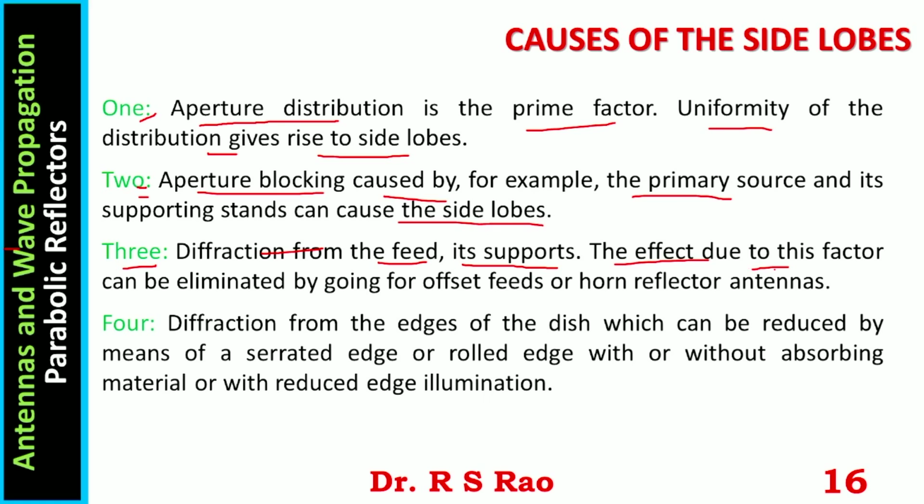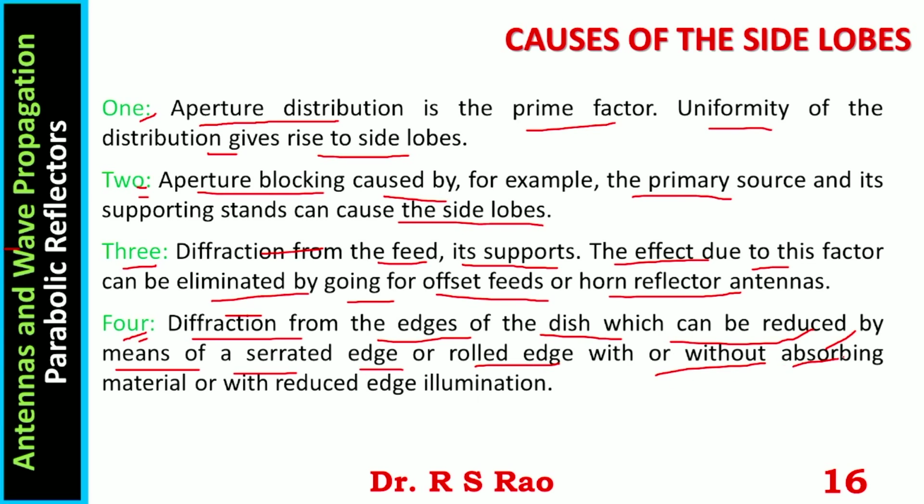The effect due to this factor can be eliminated by going for offset feeds or a horn reflector antenna. 4. Diffraction from the edges of the dish, which can be reduced by means of a serrated edge or rolled edge, with or without absorbing material, or with reduced edge illumination.